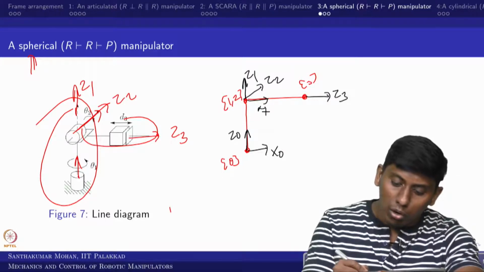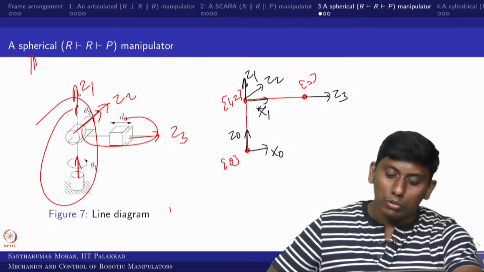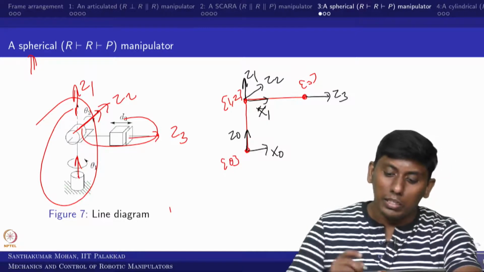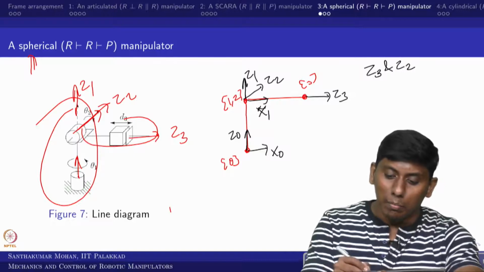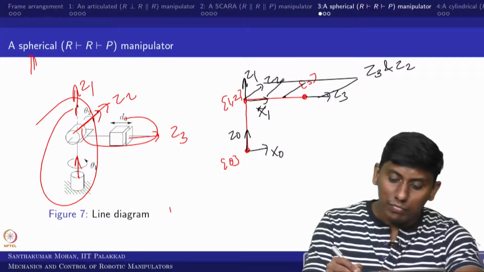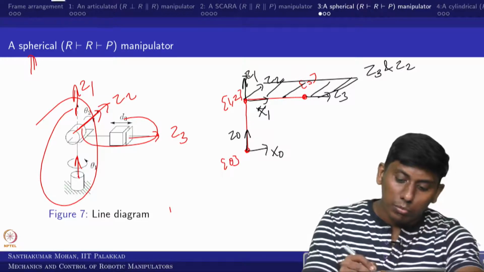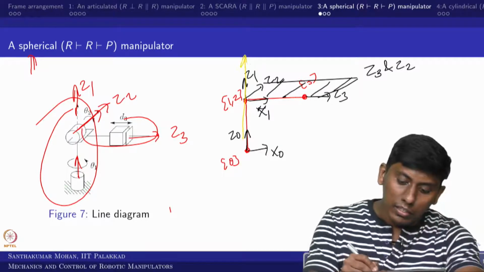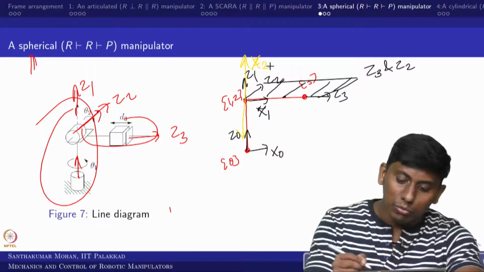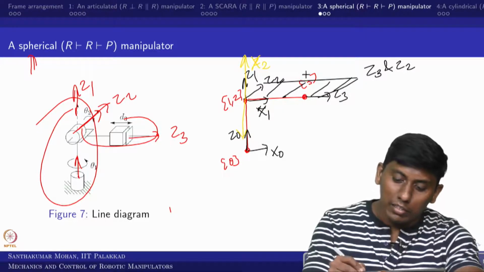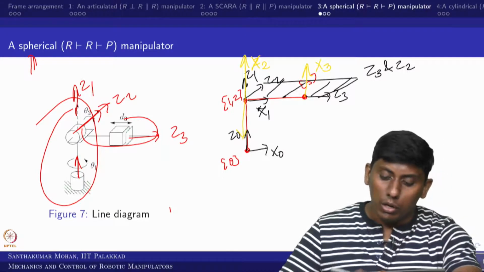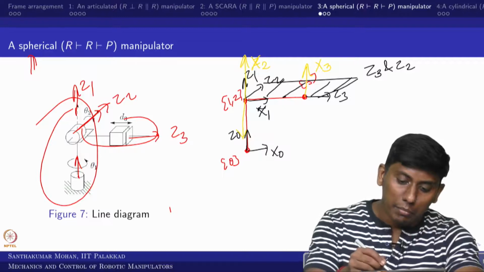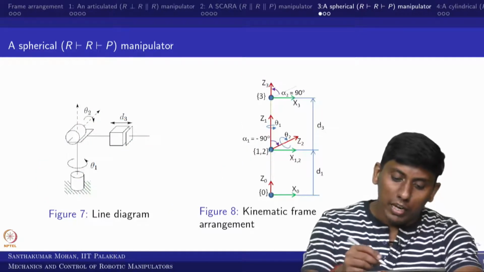So this is what you call x1, but while choosing x2, what would be the case? You have to check the nature of Z3 and Z2. The plane containing them is this, right. So in that sense, what would be the direction? It should be up or down. I am taking this as the x2 direction. Obviously, then x3 I can keep like this. Okay, so this is the way we can fix the frames. I hope I have done that. No.